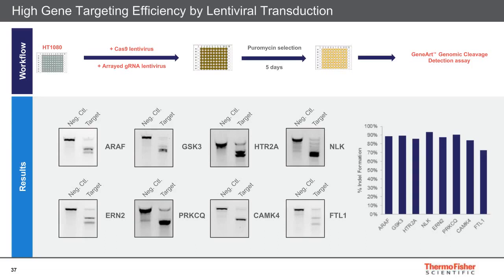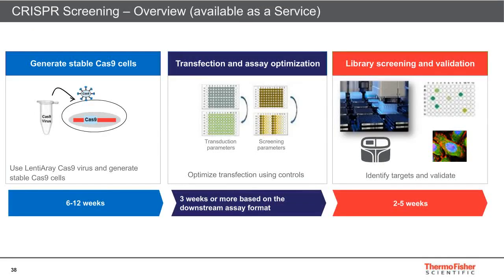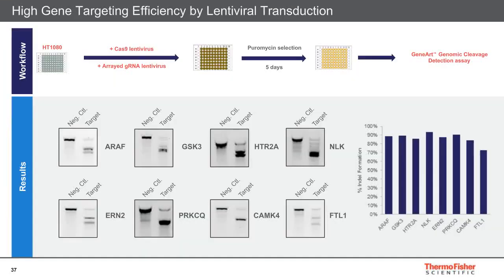So Cas9 and lenti guides were co-transduced and puromycin selected for 5 days, and the GCD assay was run on these samples. And you can see for all the targets we get more than 80% indel formation or gene knockout.